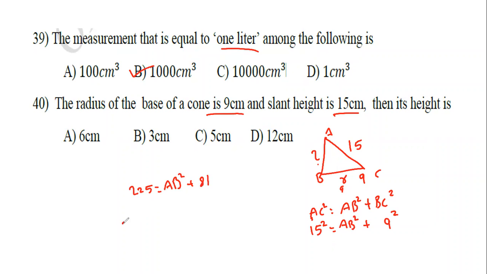So 225 minus 81 is equal to AB square. 225 minus 81 is 144, which is equal to AB square. AB is equal to root 144. So root 144 is 12 centimeter. So which option is right? Option B is correct.